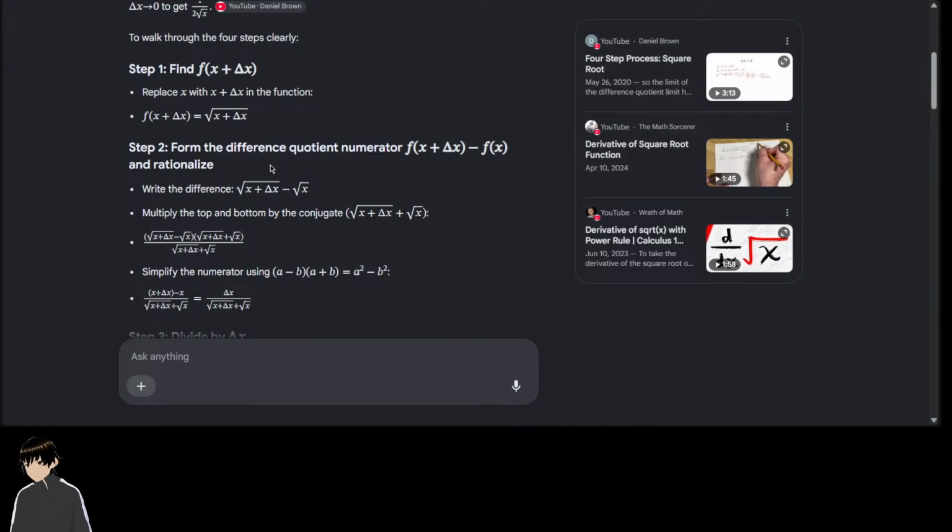Multiply the top and the bottom by the conjugate. So the conjugate is all plus signs. Simplify the numerator. A plus B, A minus B.